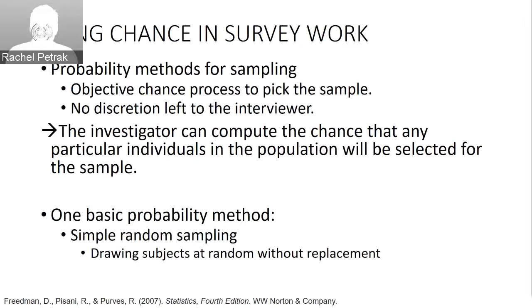And our probability methods guard against bias because blind chance is impartial. We'll look next at one basic probability method, simple random sampling. In this case, we draw subjects at random without replacement, and simple random sampling is very effective.